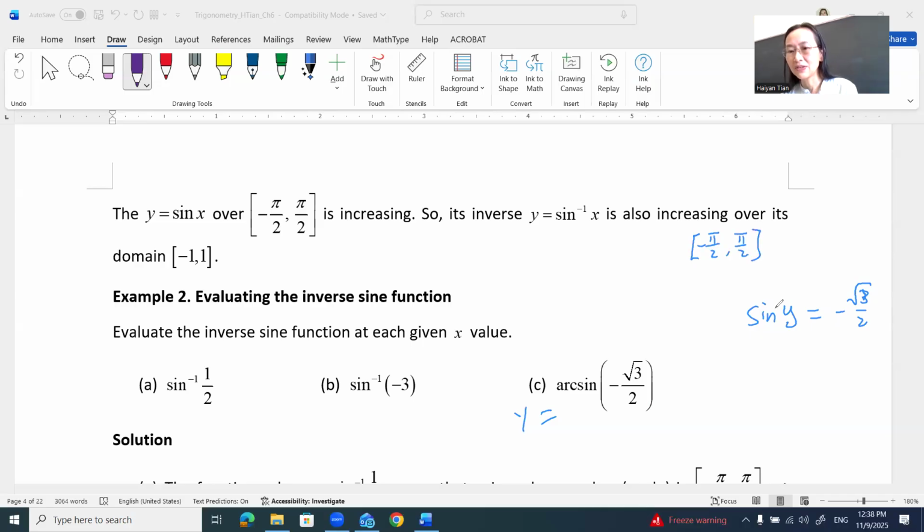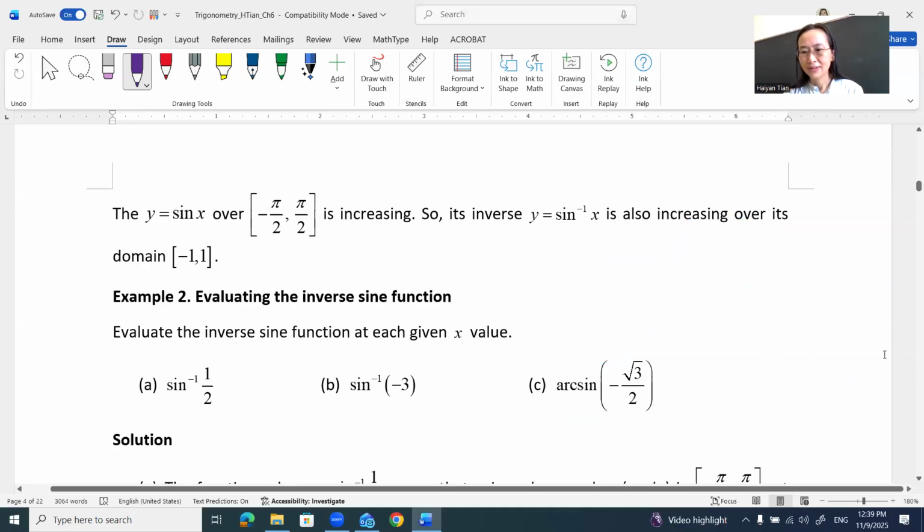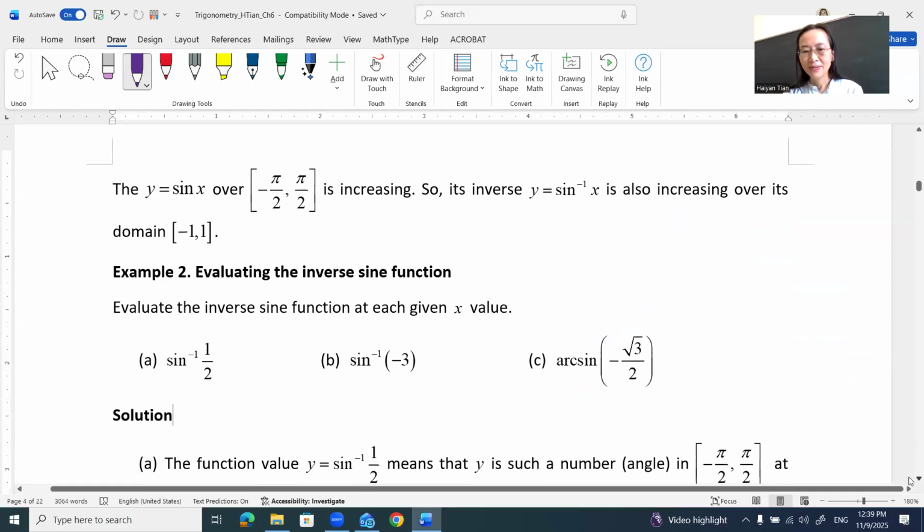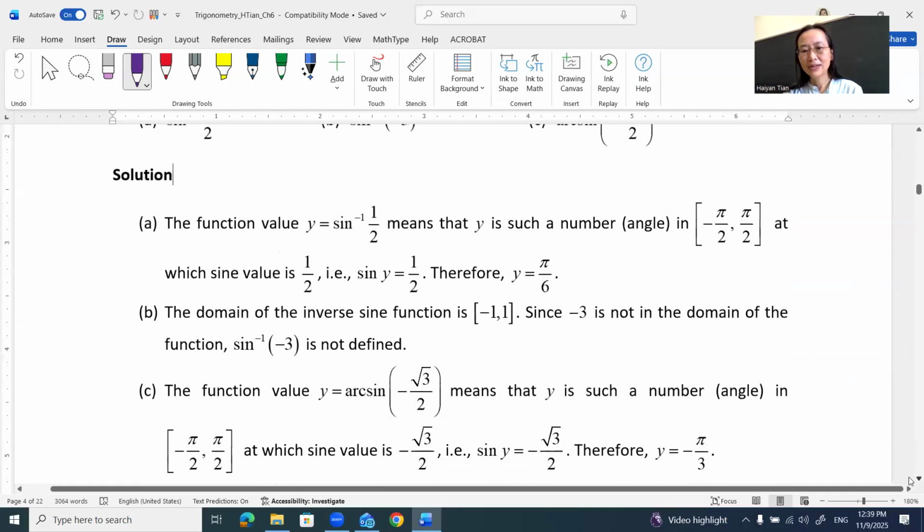That's how we define the inverse. So this y has to be from that part of the sine function. This is the domain of sine. This is also the range of the sine inverse. It has to be in that interval. That's why we get negative pi over 6.